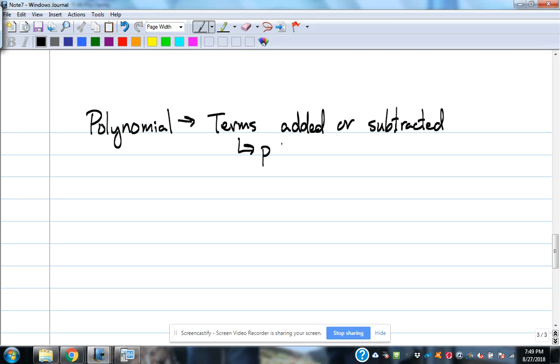The terms, when I say a term, I'm talking about the pieces that are separated by plus or minus. That's a term. If it's separated by plus or minus, it's a term.